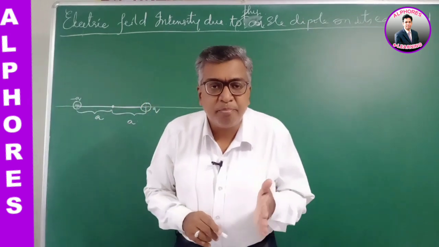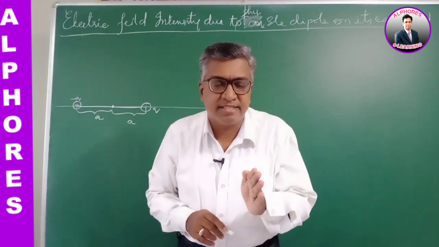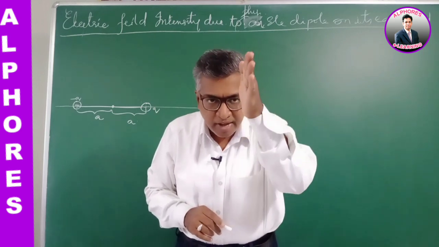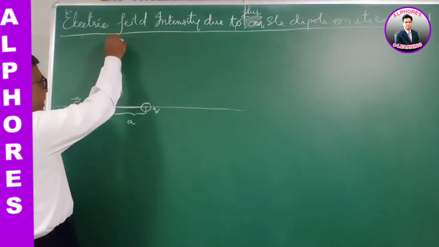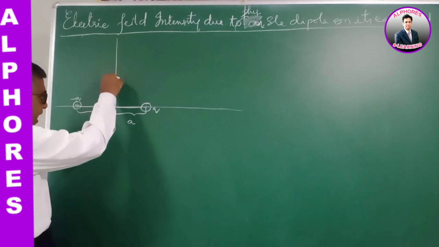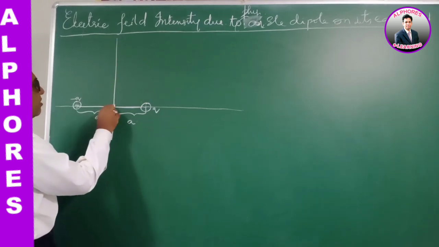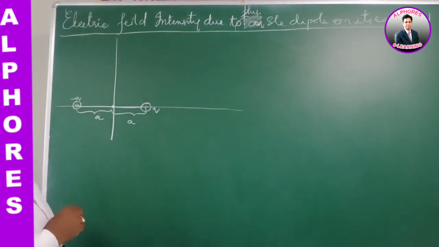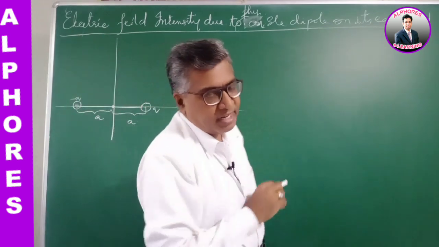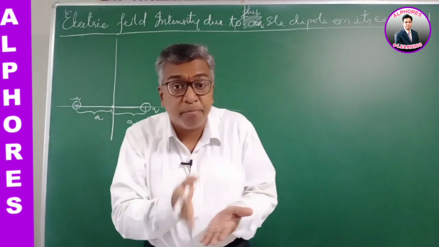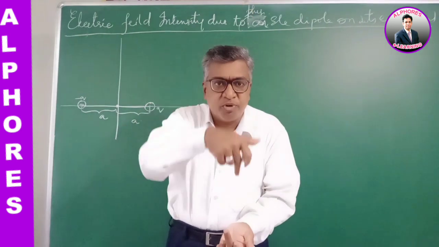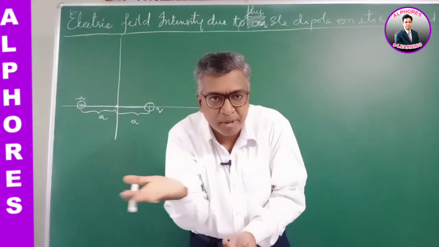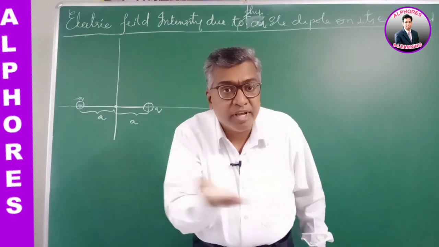The line perpendicular to the axial line and passing through the midpoint of the dipole. This line is called the equatorial line, perpendicular to the axial line. If you consider the Earth's axis from North Pole to South Pole, the equator lies in the perpendicular plane, the equatorial plane.